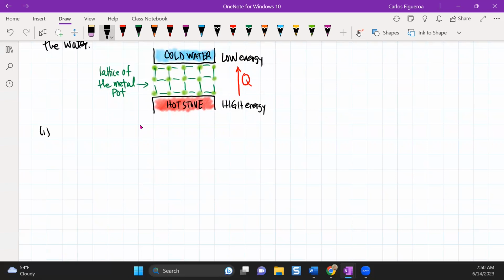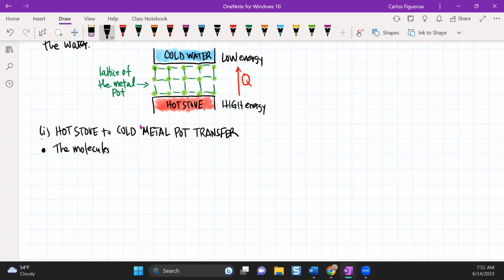So the first piece I'm going to look at is the hot stove to cold metal pot transfer. Okay, so when I'm looking at this, what do I see here? For starters, the molecules, and now I should be careful here. When I say the molecules, I'm thinking standard heating, like an electric or a gas heater, whatever you want to call it.